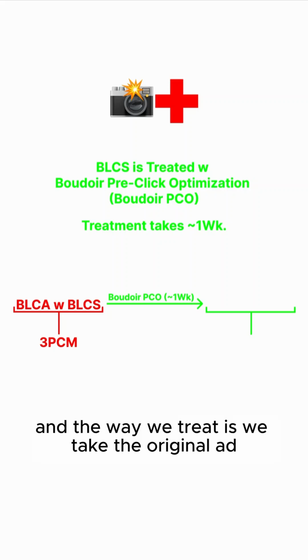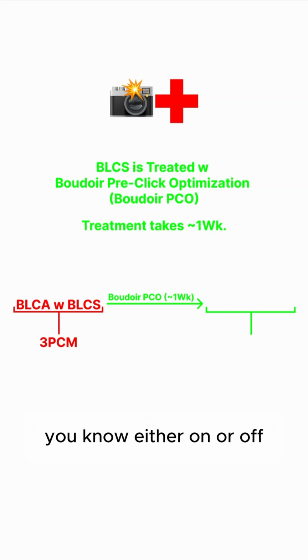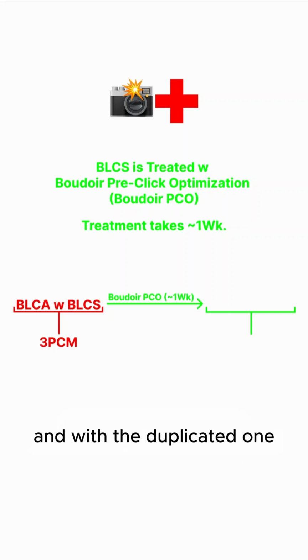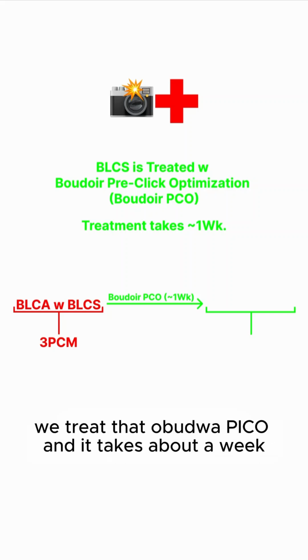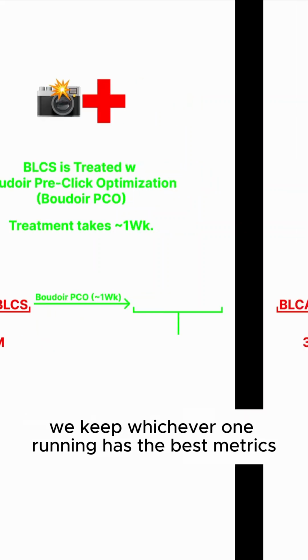The way we treat is we take the original ad, we duplicate it, and we leave the original ad either on or off, whatever it was. With the duplicated one, we treat that with Boudoir Pico, and it takes about a week. Then at the end, we keep whichever one running has the best metrics.